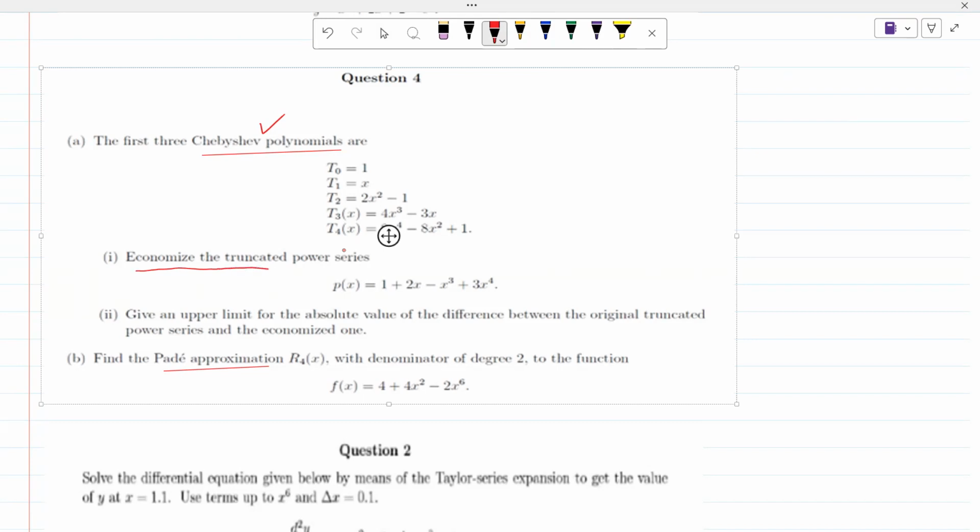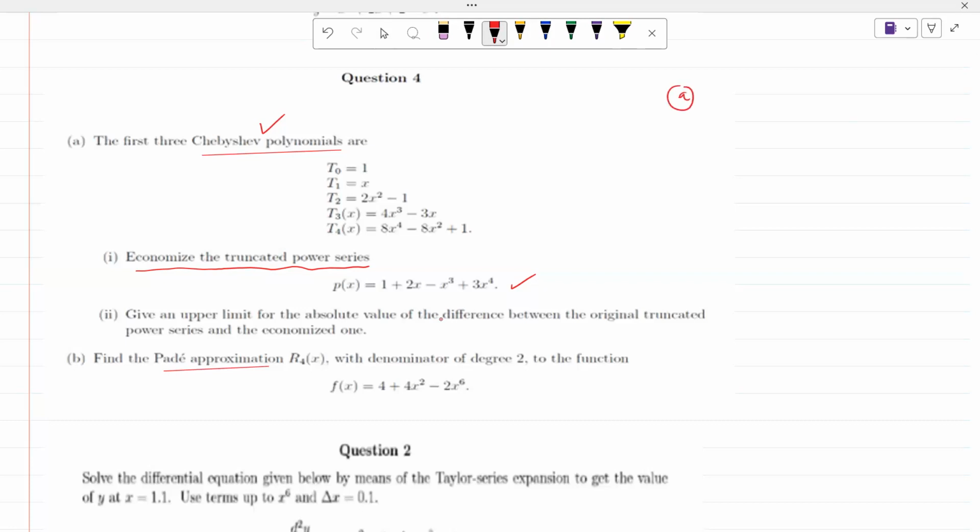We need to economize the truncated power series. This one. So now we learn how to economize and to use the concept of economization. How do we economize? And we proceed to do so. To economize in part A, we begin as follows.